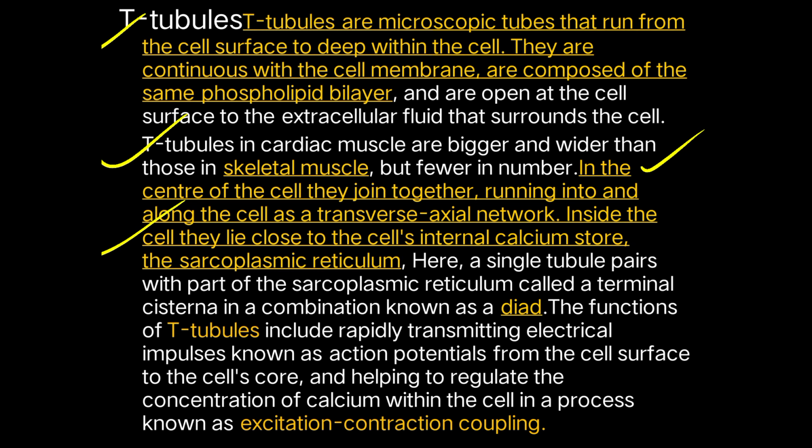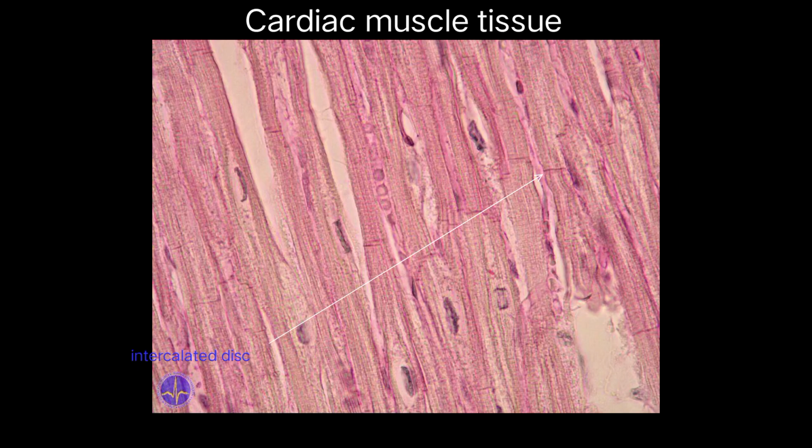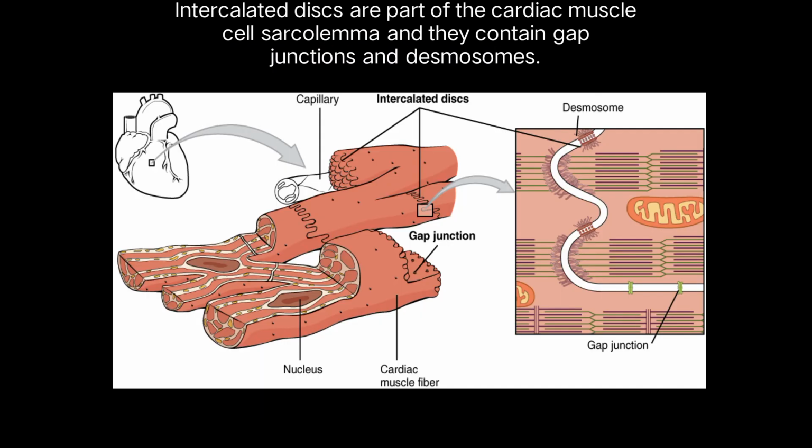Here a single tubule pairs with a part of the sarcoplasmic reticulum called the terminal cisterna, in combination known as a diad. The functions of the T tubule include rapidly transmitting electrical impulses known as action potentials from the cell surface to the cell core, and helping to regulate the concentration of calcium within the cell in a process known as excitation contraction coupling.